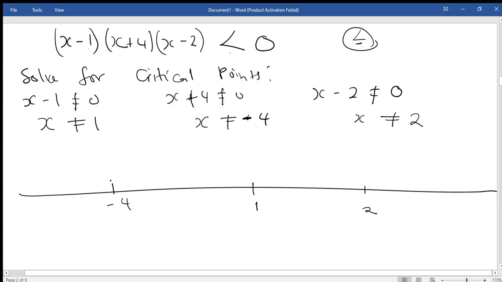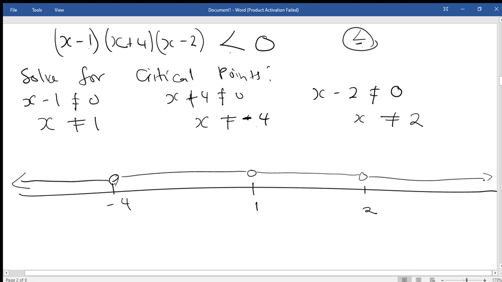Is it the interval from here going in this direction? Is it the interval from negative 4 to 1? Or is it the interval from 1 to 2? Or is it from 2 going to the right side? These are the intervals we're trying to look for. Which solution is going to be satisfied in that situation? That's what we are looking for.